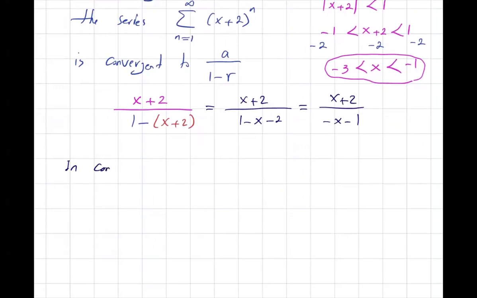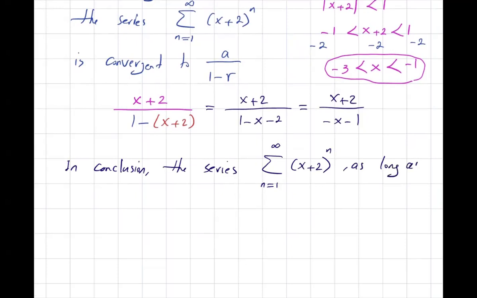In conclusion, the power series, or the series of (x + 2) to the power n, and starts from 1, goes to infinity, as long as x is bounded between -3 and -1, is convergent to the function x plus 2 divided by -x minus 1.